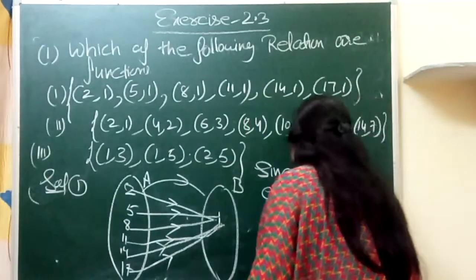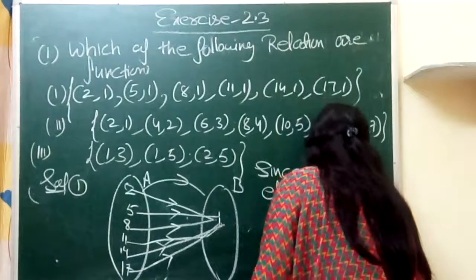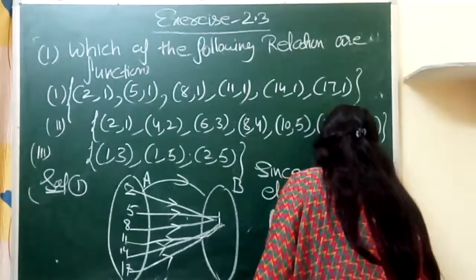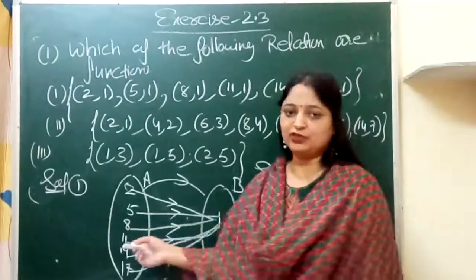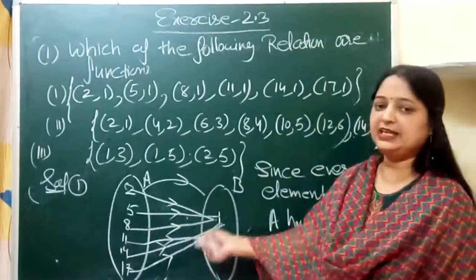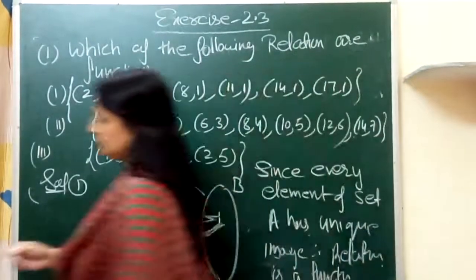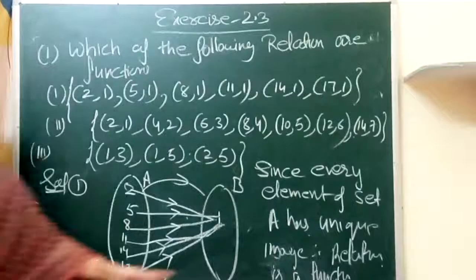Domain is 2, 5, 8, 11, 14 and 17, and range equals 1.